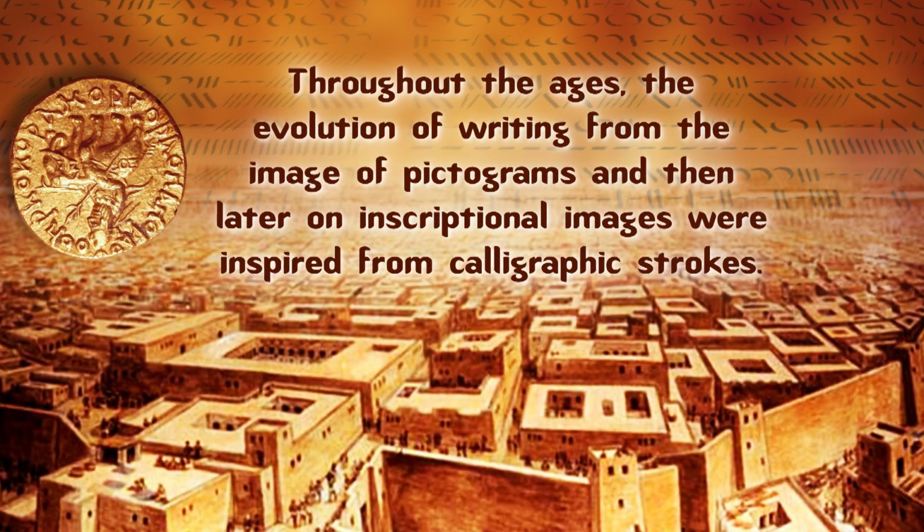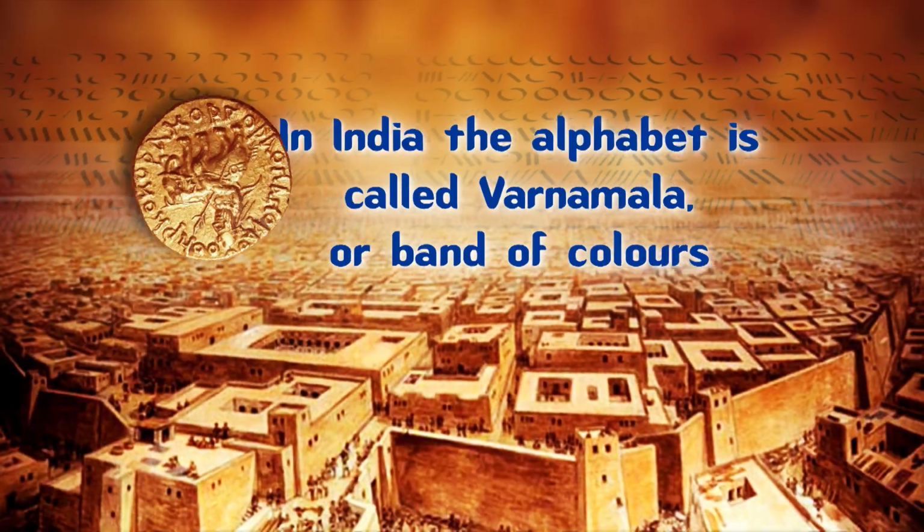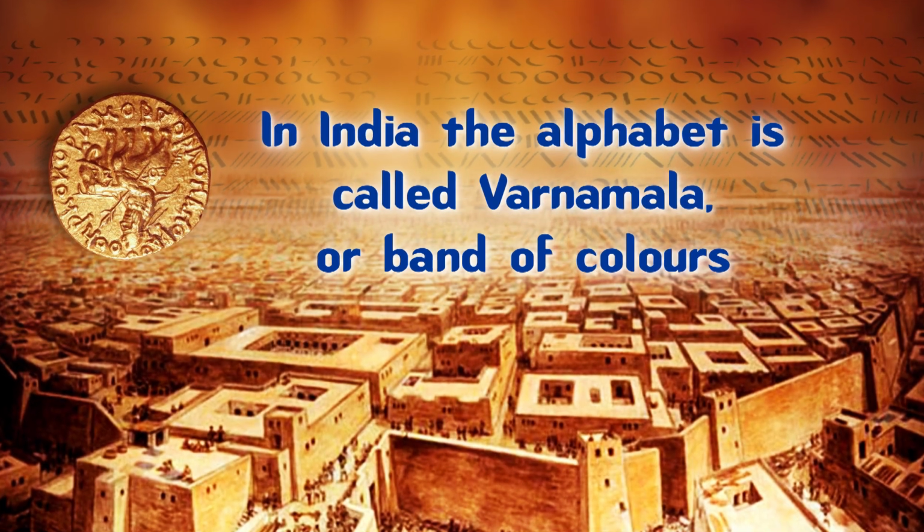Do you know, students, that in India, the alphabet is called Varnmala or a band of colors and may owe itself to the colored seal impressions used for instruction in ancient India. The ancient Indian grammarians had, by the 5th century BC, scientifically analyzed the phonetic system of the Sanskrit language.